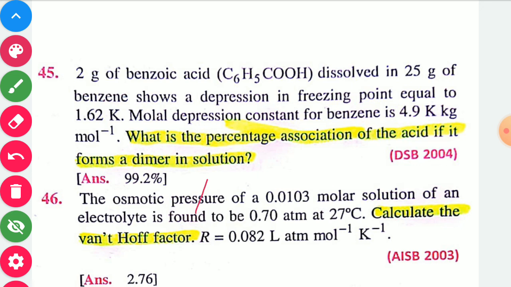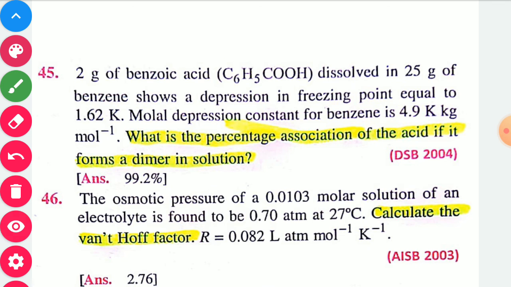Next question is: the osmotic pressure of a 0.0103 molar solution of an electrolyte is found to be 0.70 atm at 27 degrees Celsius. Calculate the van't Hoff factor. R value is also given. So here you have to find out the van't Hoff factor i.